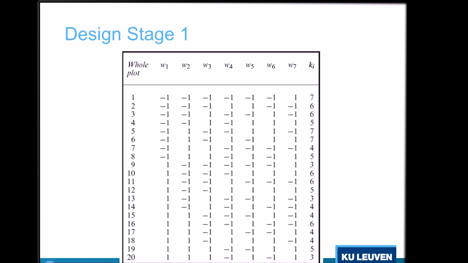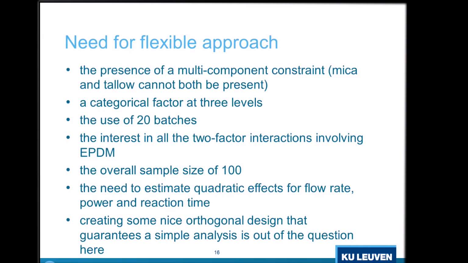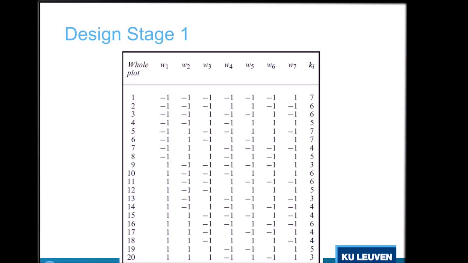Now, at the time of the polypropylene experiment, there was no nice user-friendly algorithm to set up this kind of experiment. So I had to work around that and I had to come up with an ad hoc approach for the design. Now, what I did was I set up an experiment separately for stage 1, and you can see that experiment for stage 1 on slide number 17.